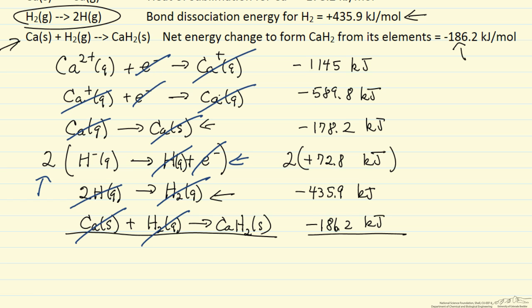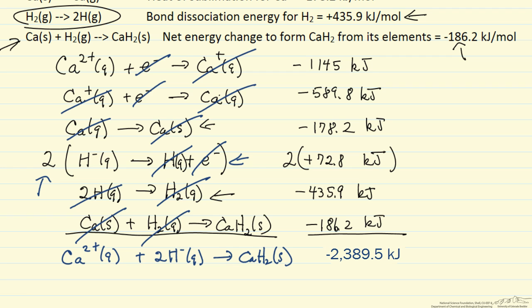So if we've done this correctly, what we have left is calcium 2+ in the gas phase plus 2H in the gas phase makes calcium hydride solid. And if we add these together, we get minus 2389.5 kilojoules.